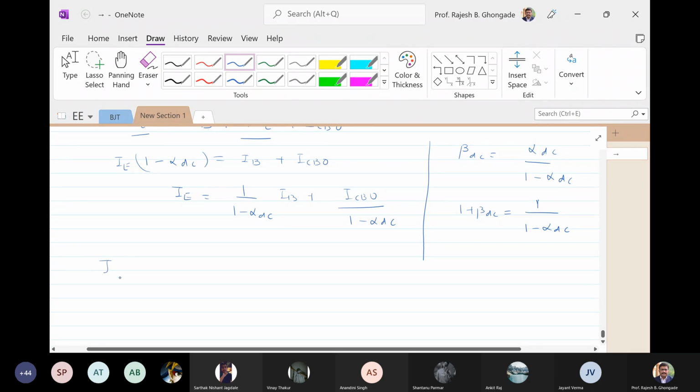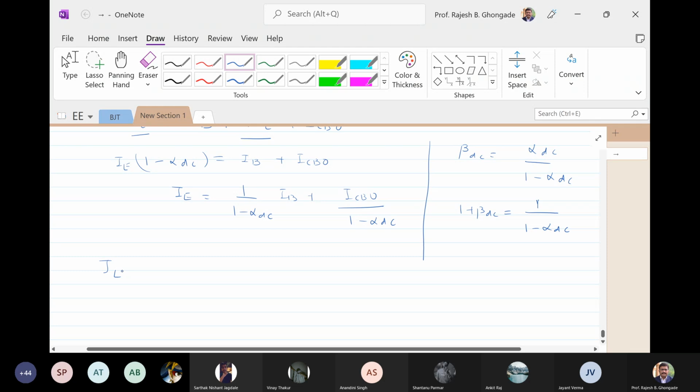Finally, IE is equal to 1 plus beta DC into IB plus 1 plus beta DC into ICBO. This is it. Many times we neglect this term.